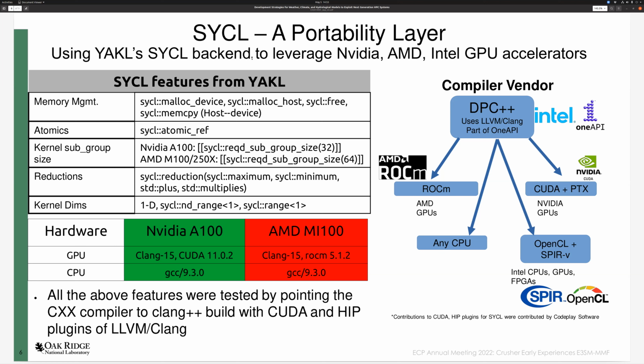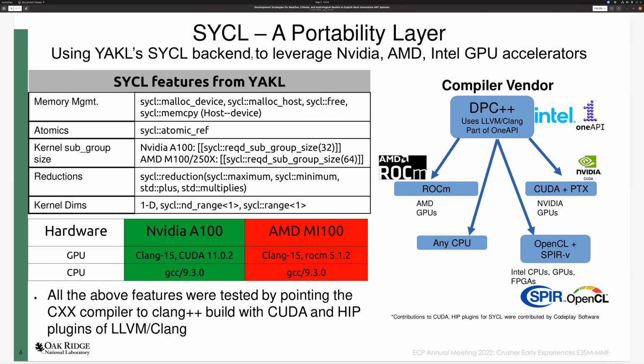On the extreme right, we have used Intel LLVM as an open source compiler to check what aspects of YAKL are really working on non-Intel hardware, so to speak.